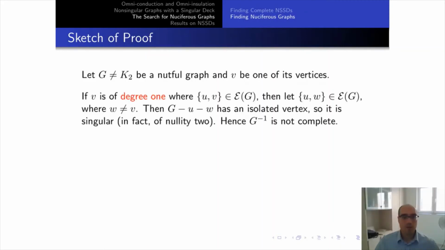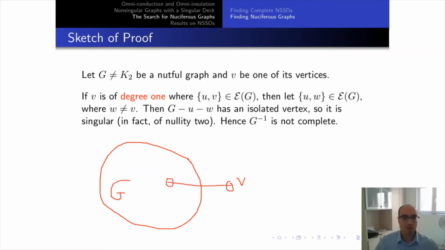First, suppose our graph has a vertex of degree 1. So suppose this is the graph G that has this vertex V here of degree 1. So it is connecting to only one other vertex U. Now, vertex U itself must connect to at least one other vertex, let's call it W, and this is the case because otherwise G would be disconnected.